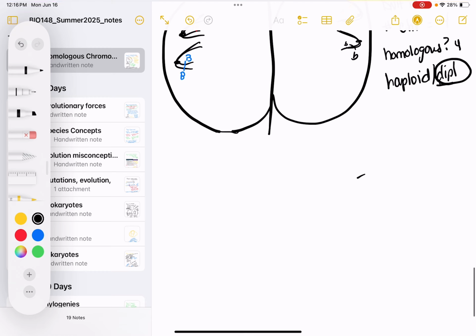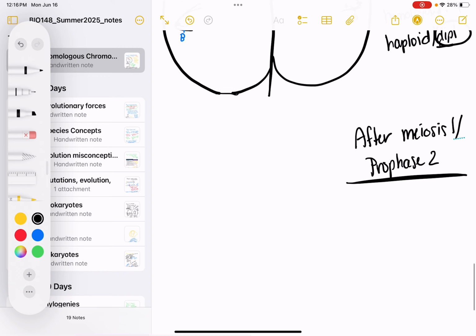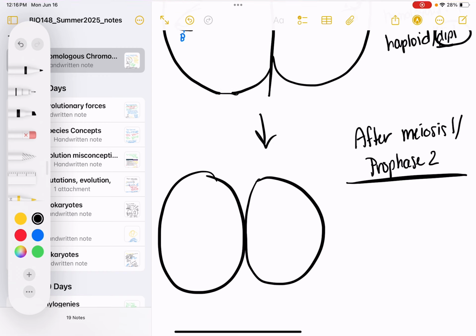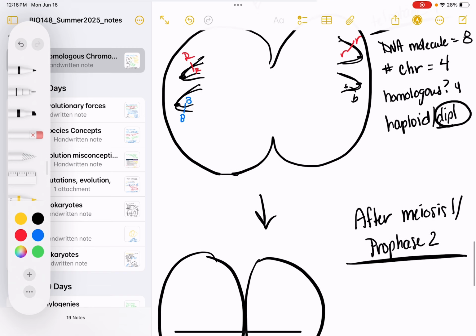So after meiosis 1, you would also think of this as prophase 2. I'm going to have 2 separate cells. I'm actually going to get rid of that line up there because at telophase I haven't split yet.